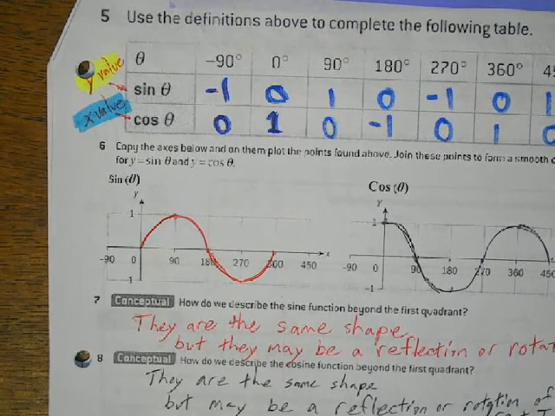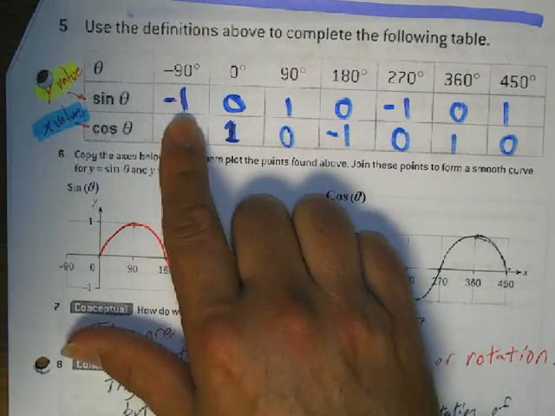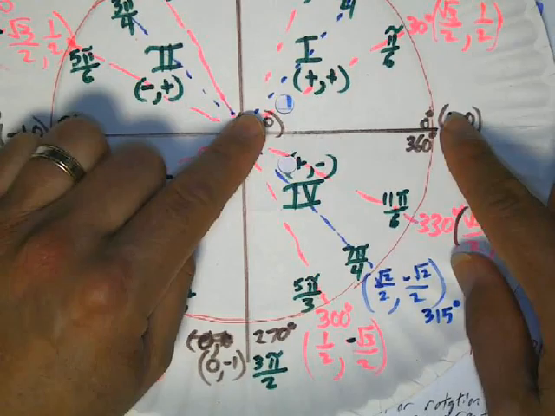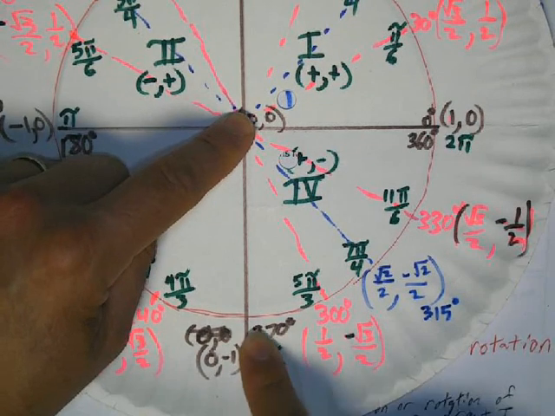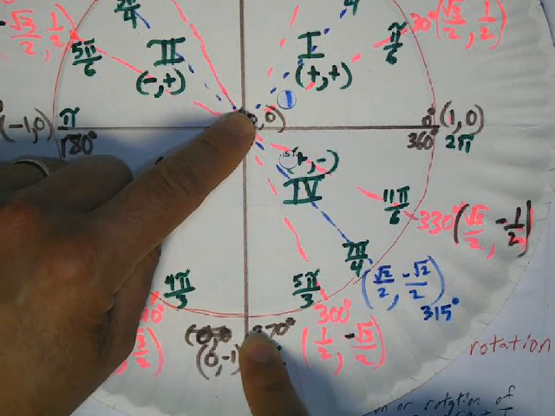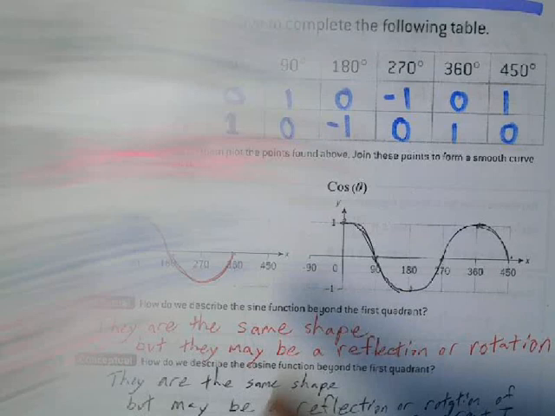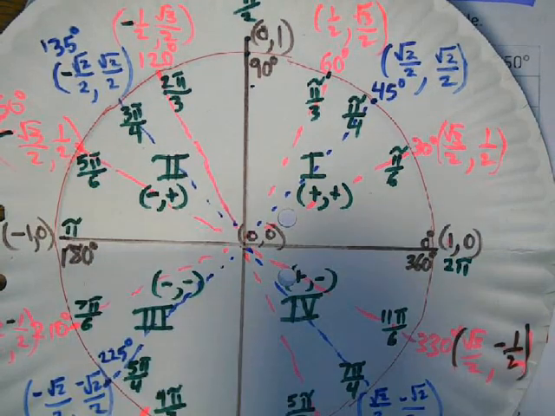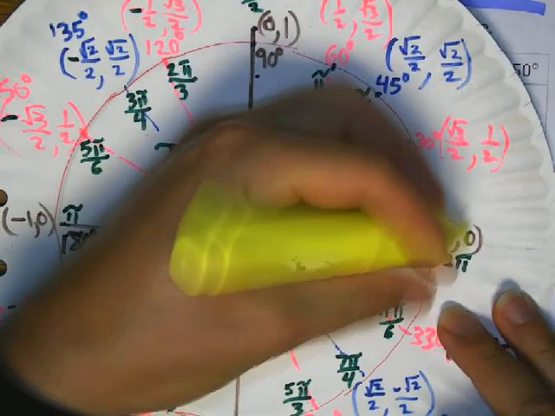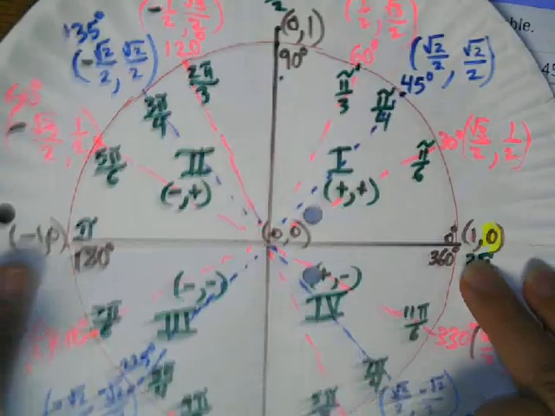So I've already filled this out, but I want to talk about it from the unit circle. So sine of negative 90. If I go from here, I go down to negative 90. Sine, as we said, was the y value, and the y value is negative 1. So that's where I get that value. At 0 degrees, the sine value is 0.